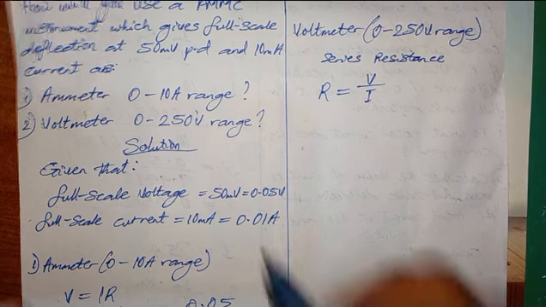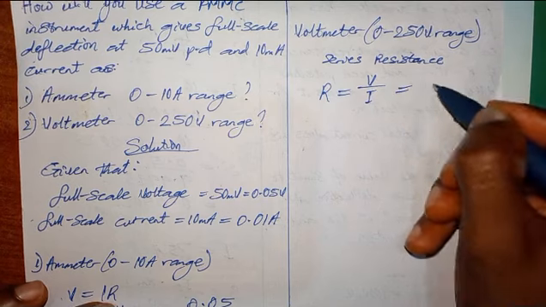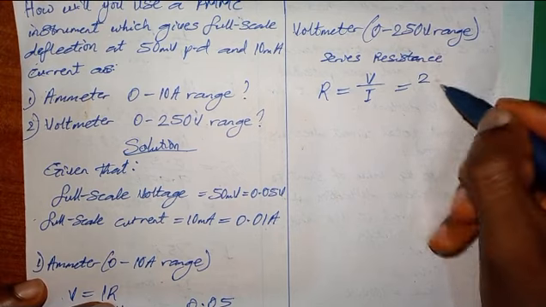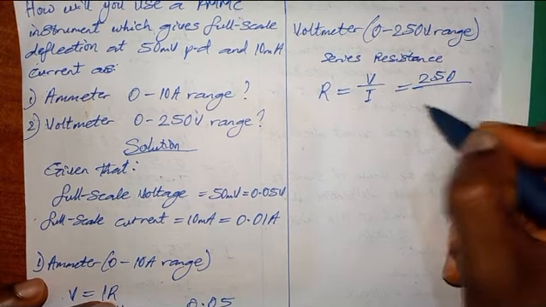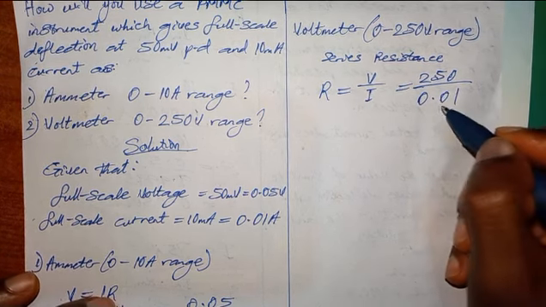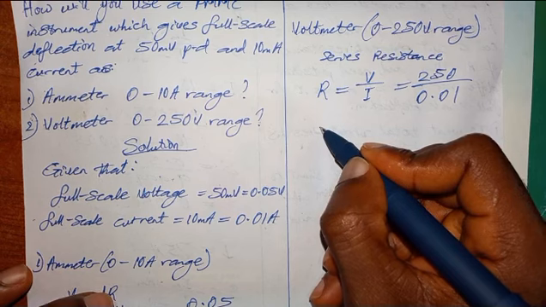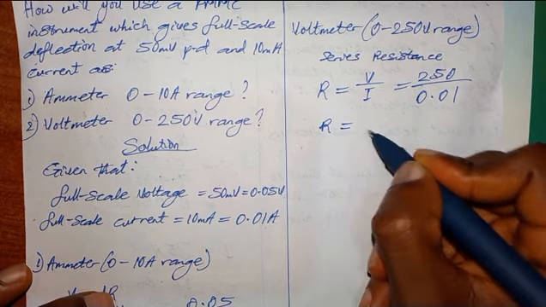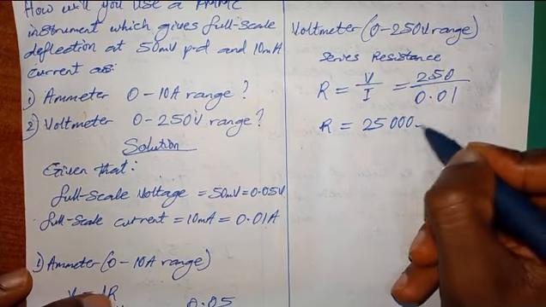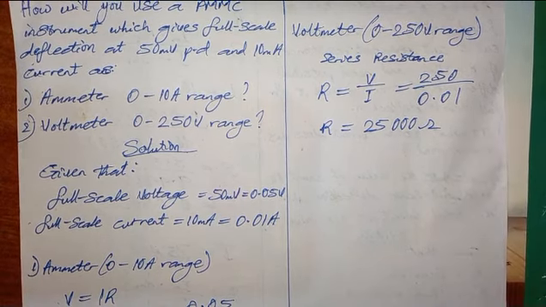Just know the formula, and every other thing you can just do in the calculations. The V here is 250 divided by the current, which is 0.01. So R will be equal to 25,000 ohms. You can confirm it in your calculator.